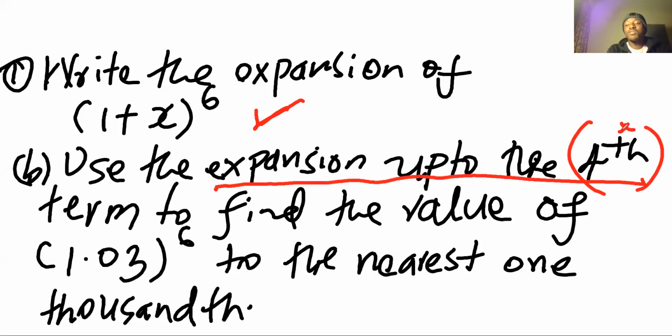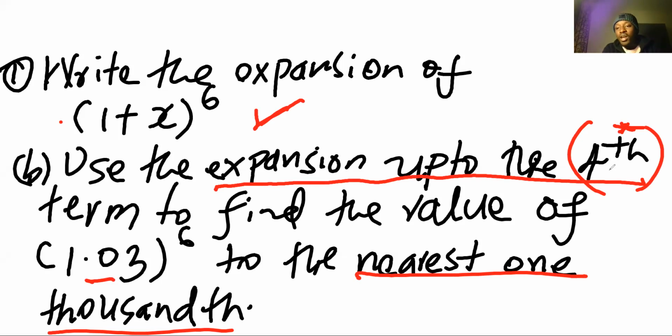This is very important for you to note. You only use it up to the fourth term to find the value, and then there is this part, to the nearest 1000. So the question has this expansion, it has the point where you use it only up to the fourth term, and you find this value to the nearest 1000. That's a very critical thing for you to know.